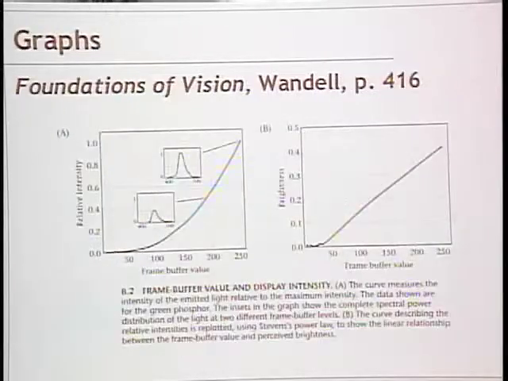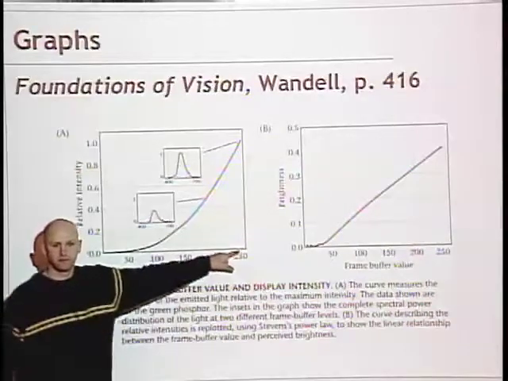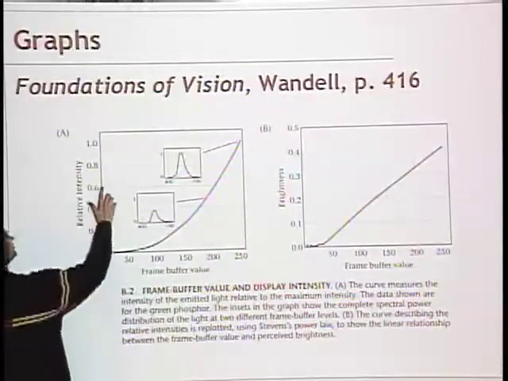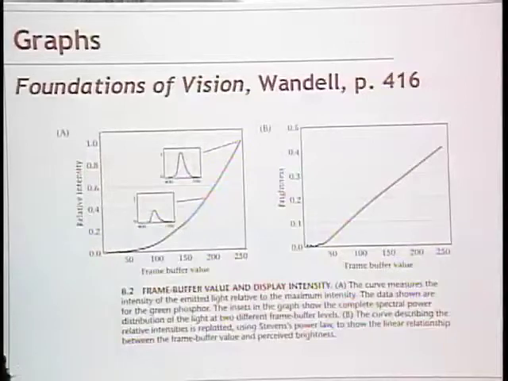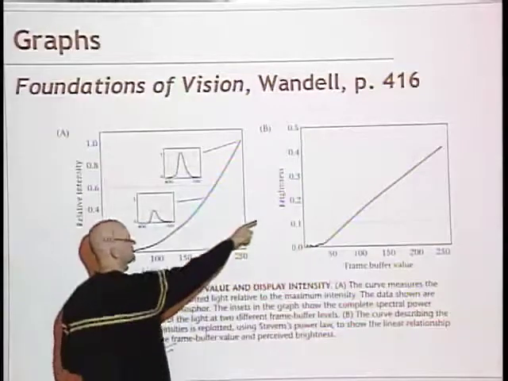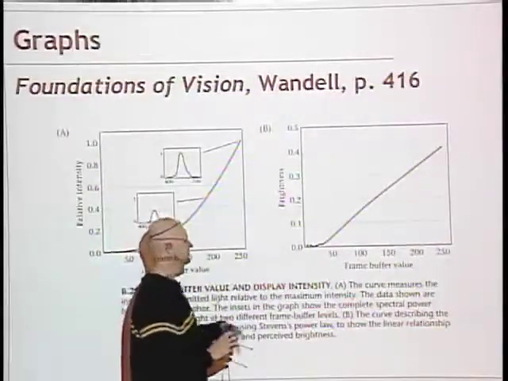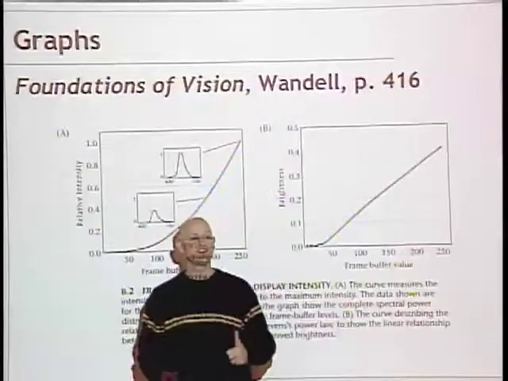Here's the graph version of this. Here's what you have in your frame buffer, and here's how many photons it ends up spitting out, how intense it is. Notice it's this nonlinear curve, and that's bad. But this is what you actually perceive as brightness against the frame buffer value, and that is very, very good.